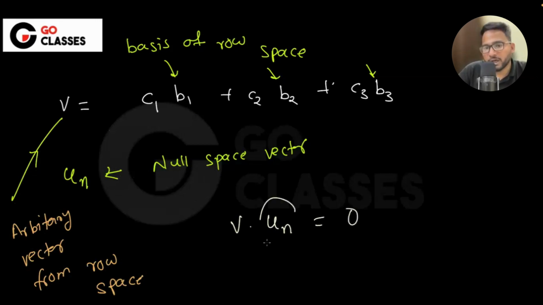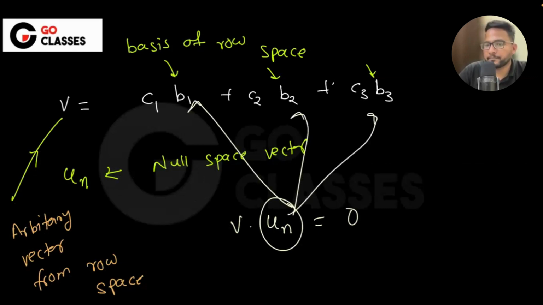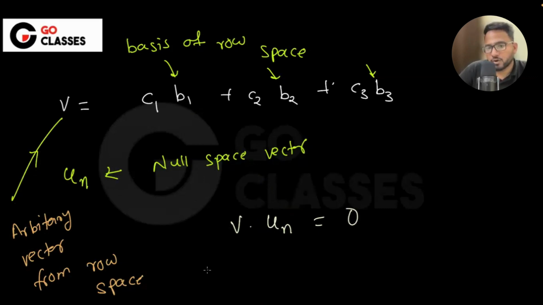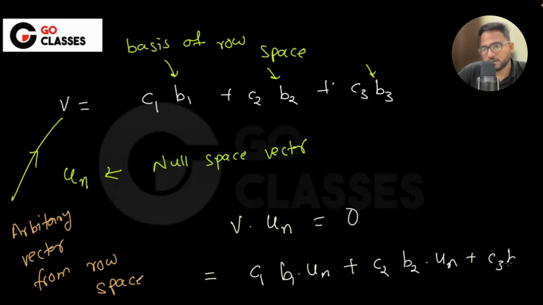Because un into b1 will be 0. 0 plus 0 plus 0 is 0, right? So this is the same as c1 b1 multiplied with un, plus c2 b2 un, plus c3 b3 un. So it is nothing but 0 plus 0 plus 0. It is nothing but the 0 vector, right?